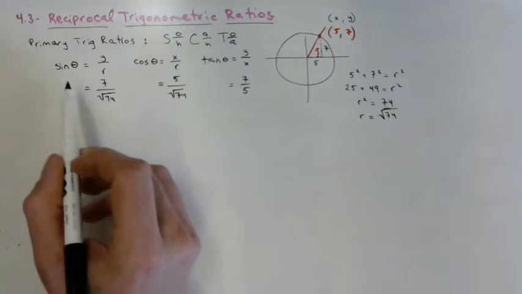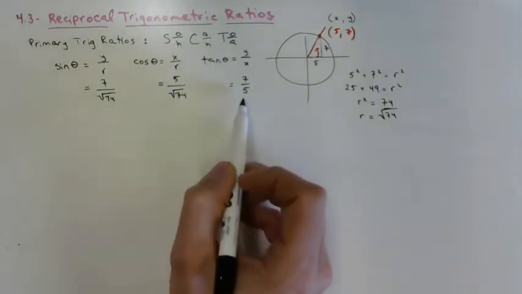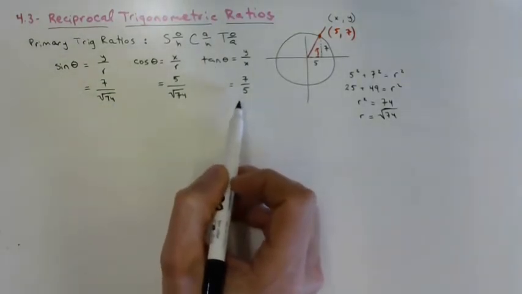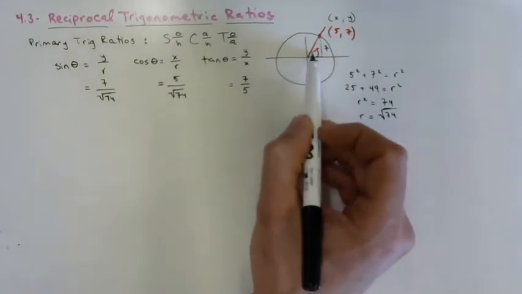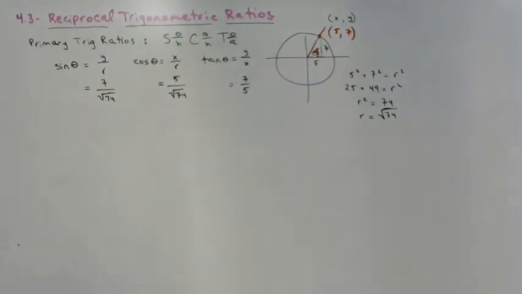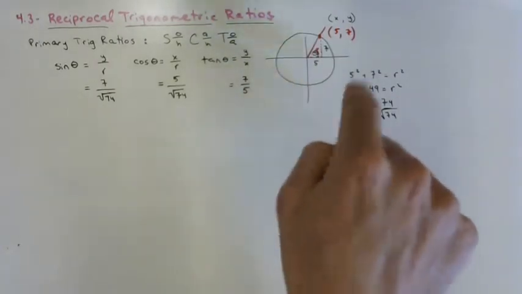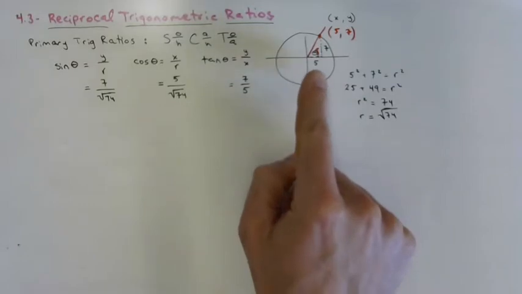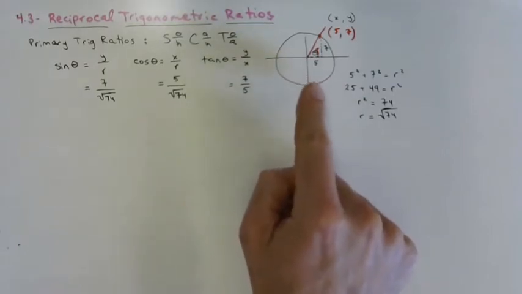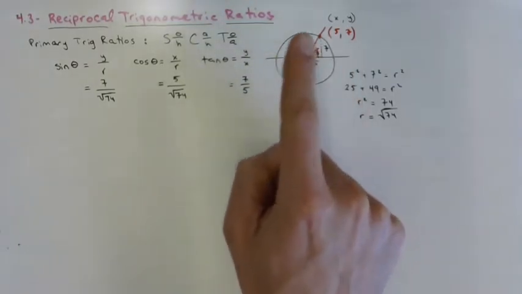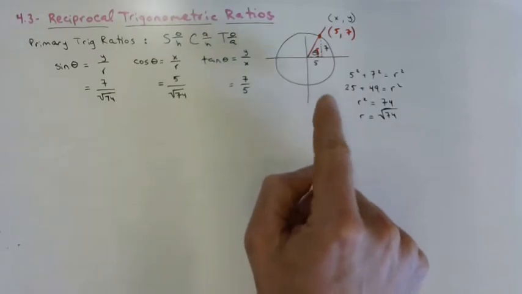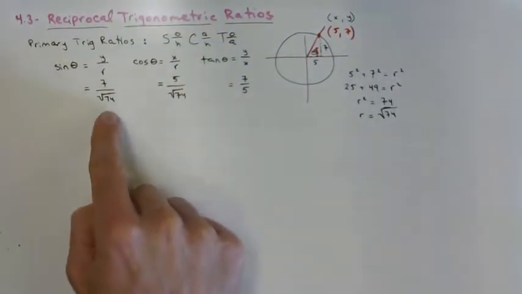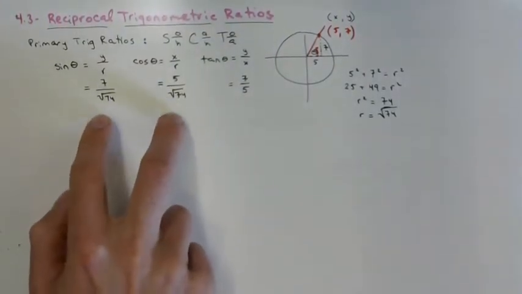At any rate, these now are the 3 primary trigonometric ratios for this angle that I've drawn here in quadrant 1. And you can do that for any angle around the unit circle. You can even do it for multiples of each angle and all sorts of stuff. When you are working with special angles, those are the angles that you memorized within your unit circle for the quiz, then it becomes even easier because you already know what these values are automatically.